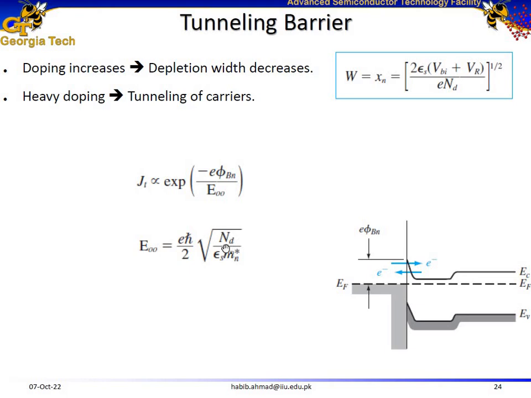So if the doping concentration is higher, your tunneling current is going to be higher as well. So two conditions: if your barrier height is lower, it's going to result in a high tunneling current, and similarly if your doping concentration is higher, it's going to result in a high tunneling current.